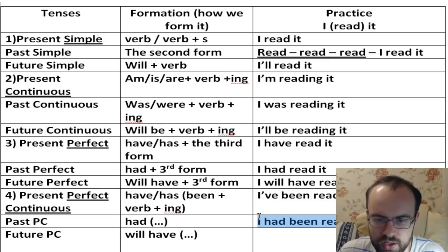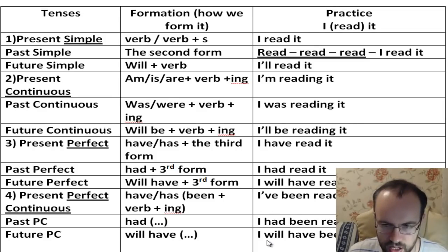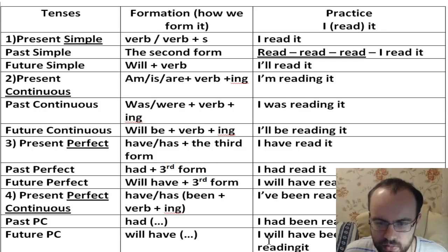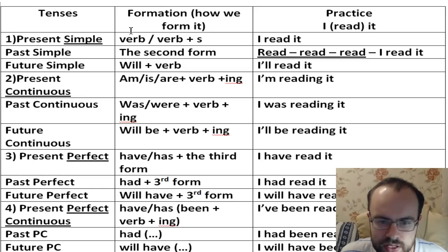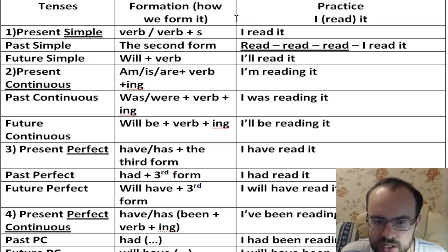Let me write it for myself: I will have been reading it. These things are really so important. Let's revise it very quickly. I really think that we need this kind of general revision.